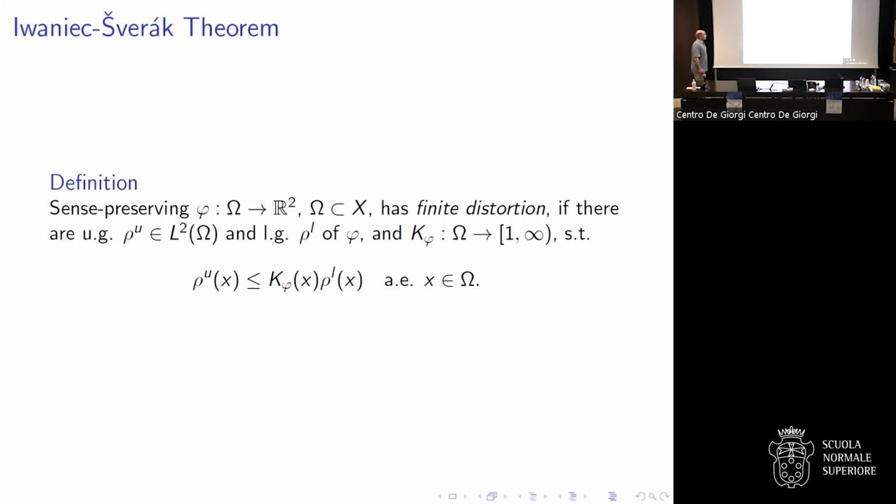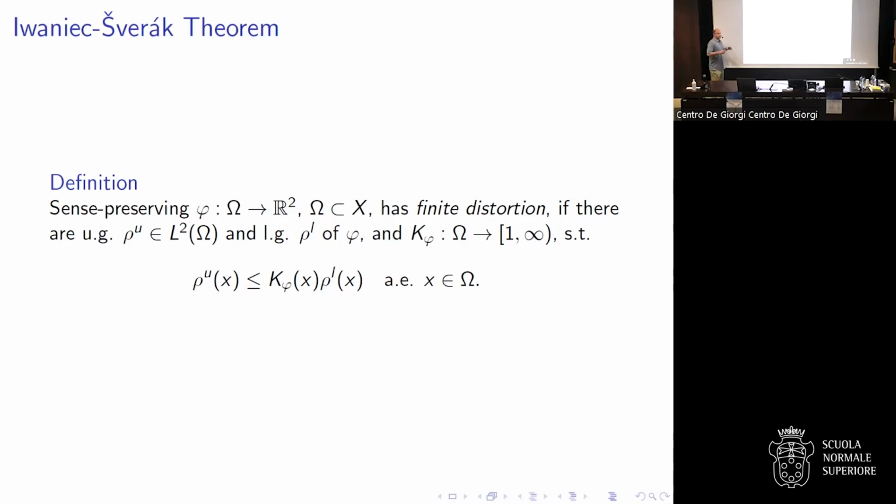We say that it has finite distortion if we have the same regularity assumption, upper gradient in L2, and we also assume a distortion bound. So now it says the upper gradient is smaller than some function, finite almost everywhere, times the lower gradient. This is a different way of saying, as in the Euclidean case, that the maximal stretching is bounded by K times the minimal stretching. This turns out to be much more useful in our setting than the earlier analytic definition.